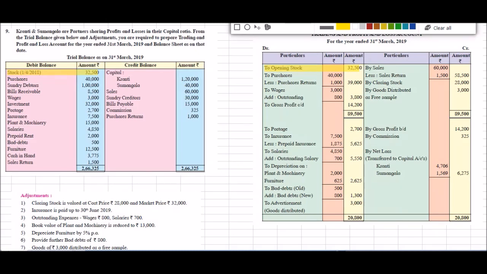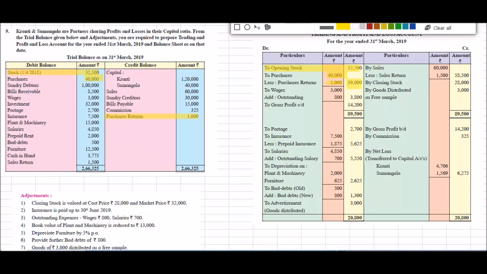Mention it here. Two, purchases. The purchases amount is 40,000 rupees, and we need to deduct the purchase returns amount of 1,000 rupees. After deducting, 40,000 minus 1,000, it is a net purchase of 39,000 rupees.